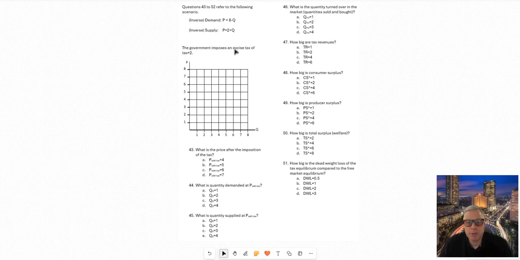So this problem set is about an excise tax, and we have a demand function again, which is 8 minus q. So it's the one that goes from here to here. Our supply function is 2 plus q.